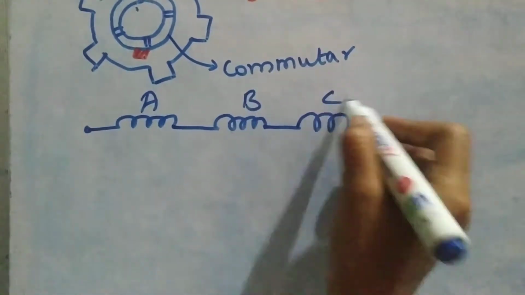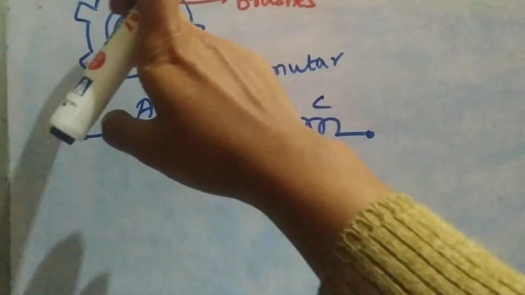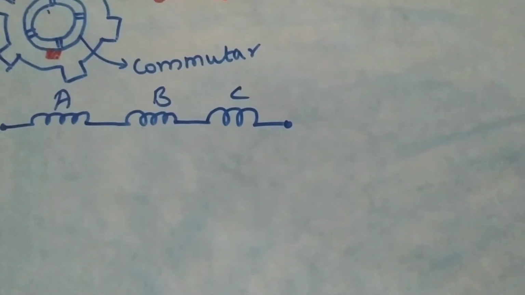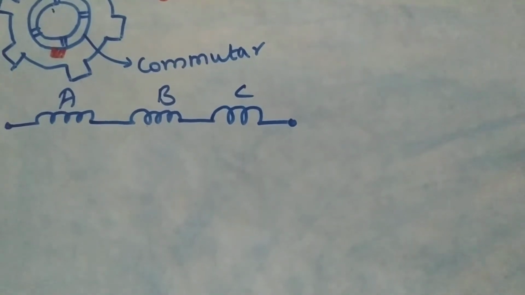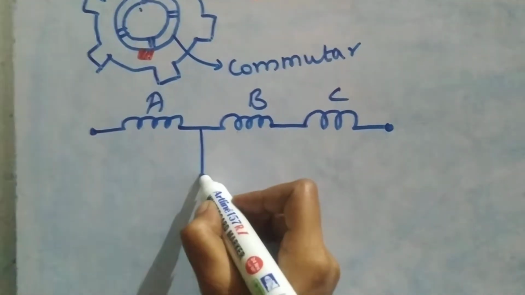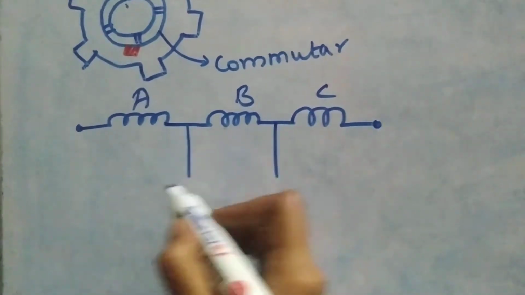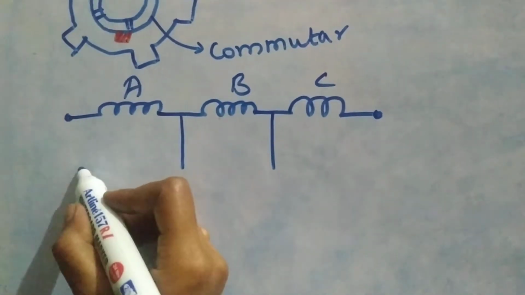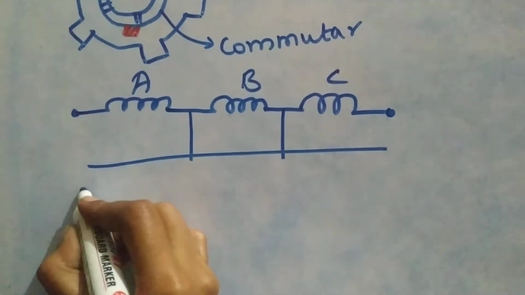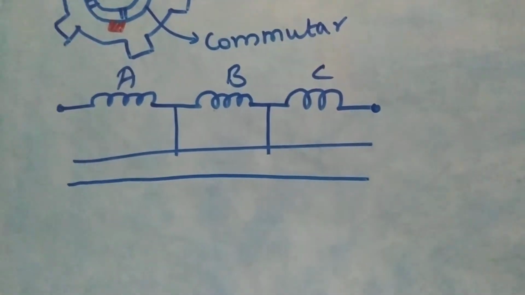So these are the different series of the armature windings, which is of a ring type. And you can see that this is mounted, I mean, there will be a connection between these two. Let me draw a commutator segment.